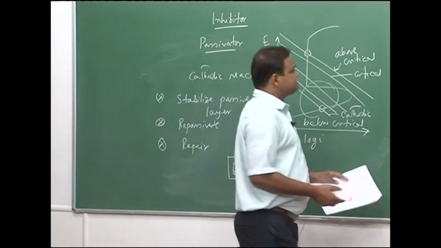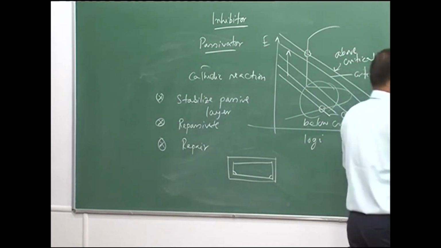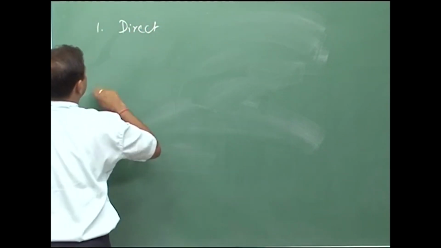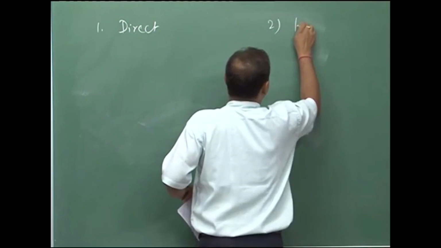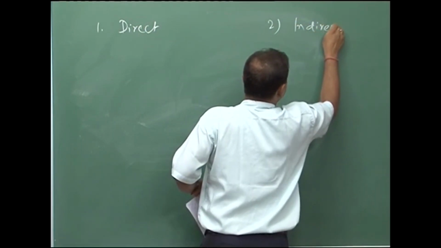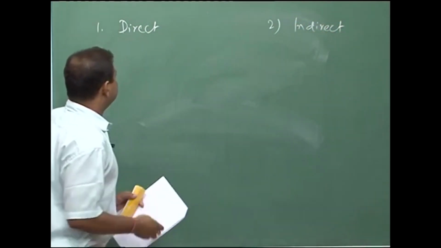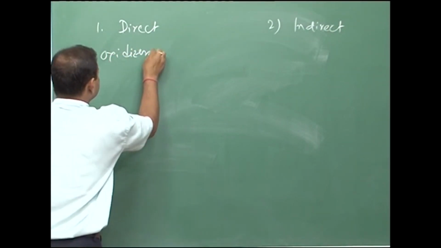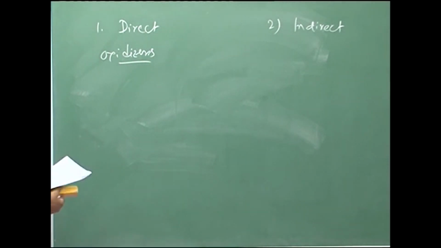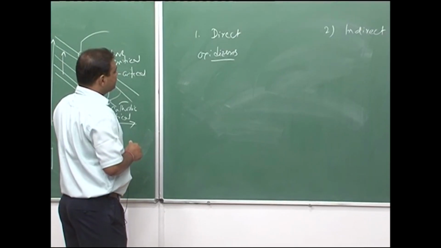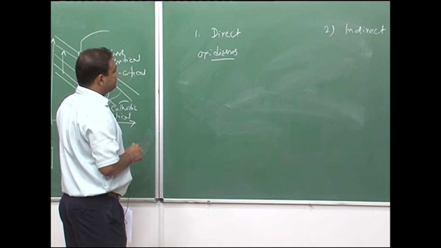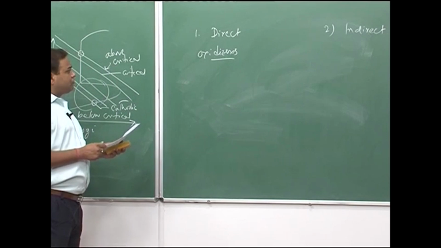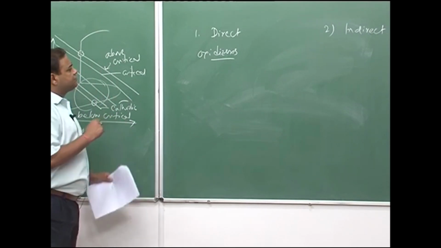They can be of two types. One is direct passivator, or it can be indirect. Direct ones are mainly oxidizers. What they do, they contain anions which oxidize and then form insoluble products which will be incorporated in the passive film.